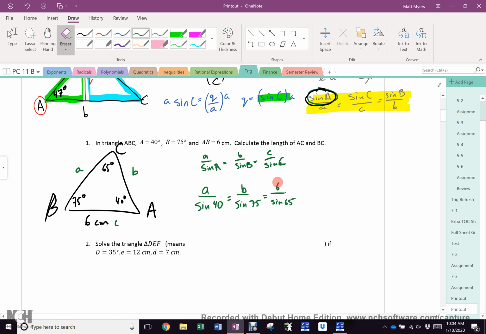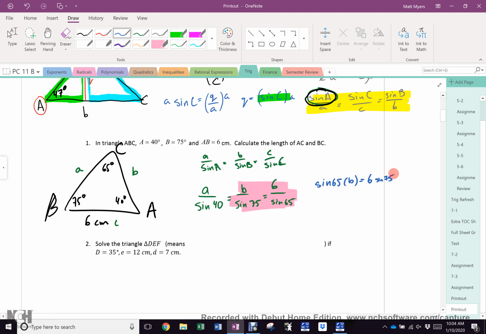Now, all you got to do is solve. Right here, you see fraction equals fraction. So what do we do to solve it? Cross multiply. Sine 65 times b equals 6 times sine 75.